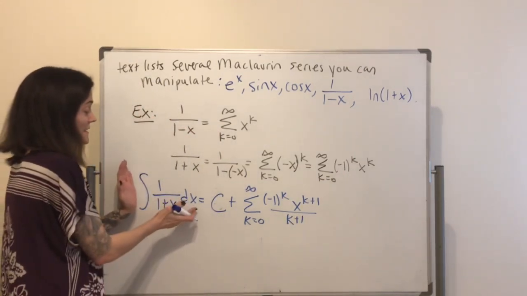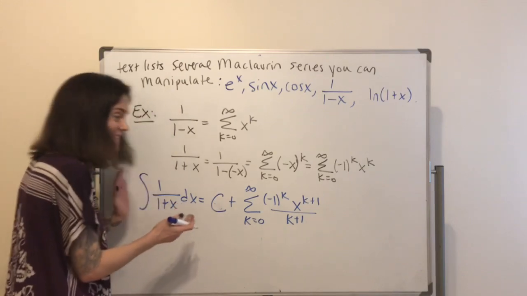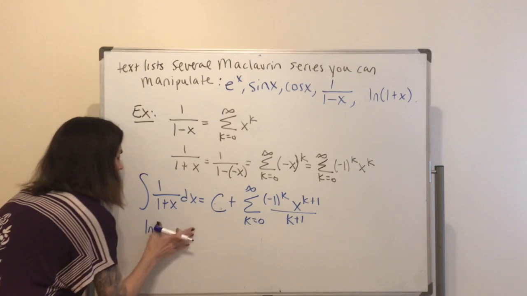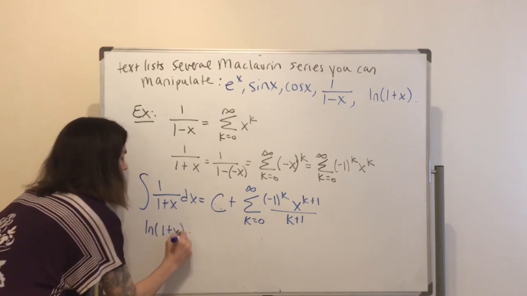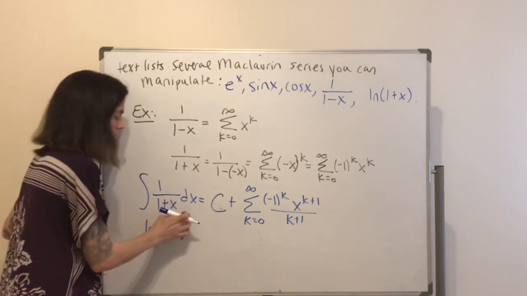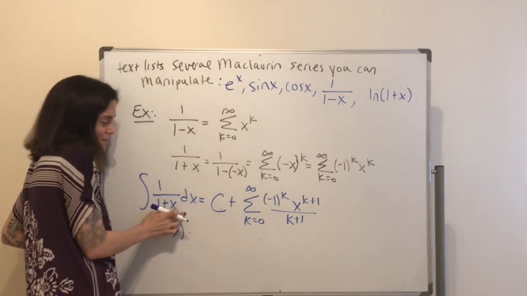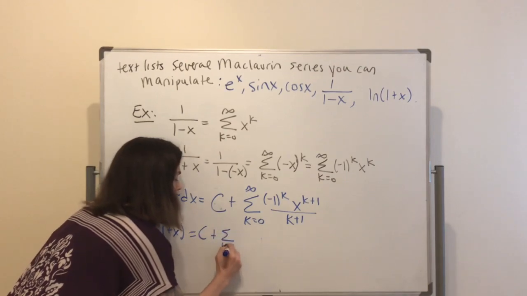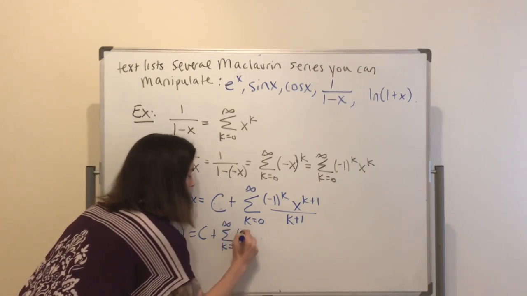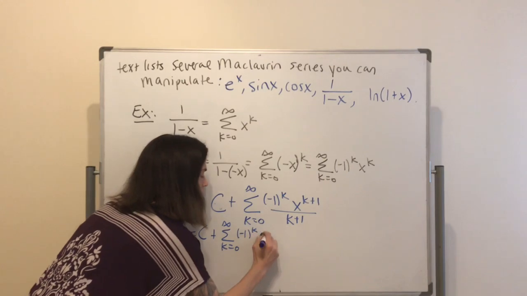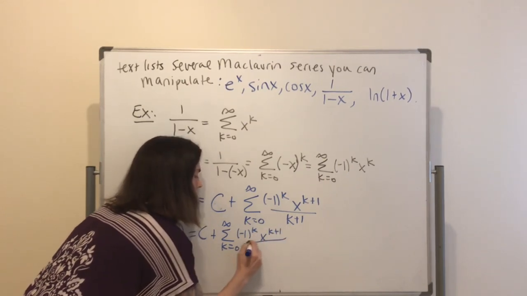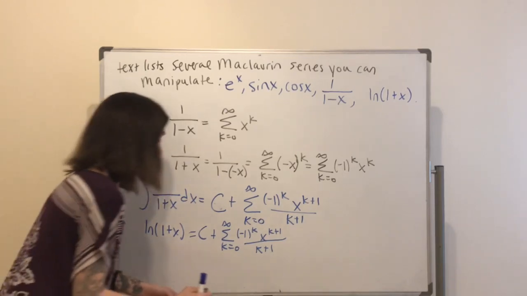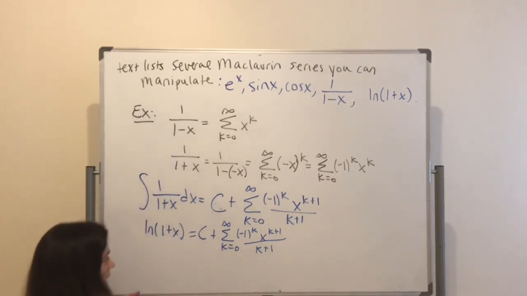Well, again, if we integrate this, this is ln(1 plus x), except that's just one antiderivative for this, and I can solve for the constant just as I did for the arctan by evaluating at the center. So at x equals 0, look what I get.